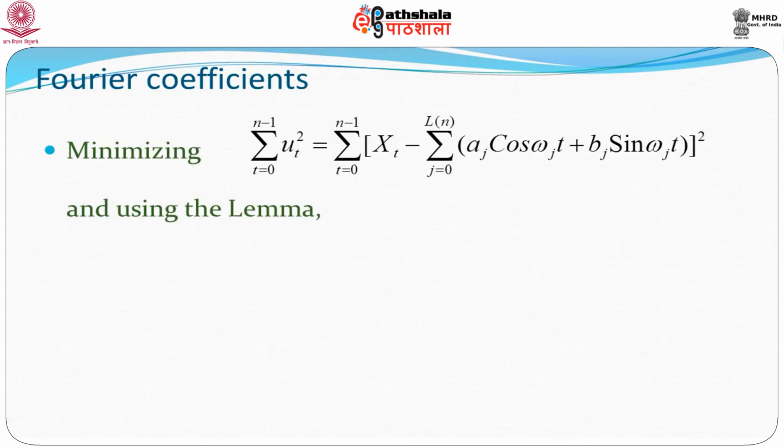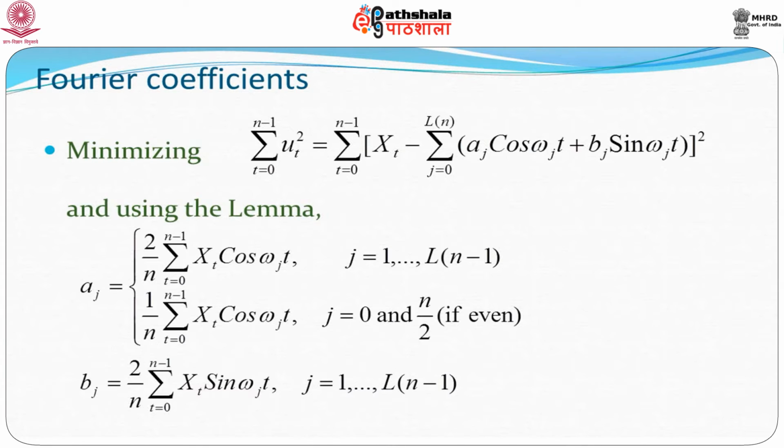If we use the lemma, then the a_j's come out to be 2/n times the summation of x_t cos ω_j t, provided j is 1 to [(n-1)/2]. It is 1/n times the same quantity, so just the coefficient is different, if j is equal to 0, and if we have an even number of observations, in that case for n/2 as well.